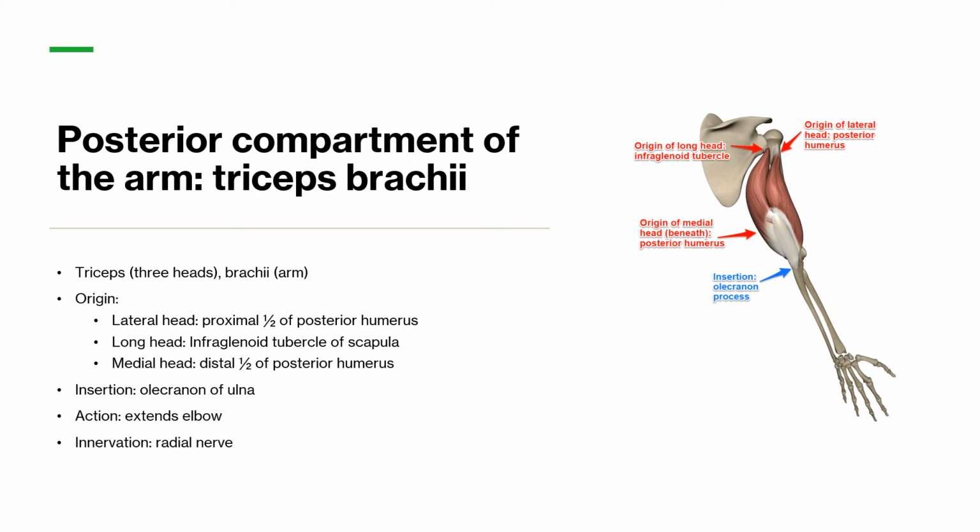The medial head originates on the humerus as well. And all three heads insert on the olecranon of the ulna. And you may recall that the olecranon of the ulna articulates with the olecranon fossa of the humerus, forming the elbow joint. It extends the elbow and it's innervated by the radial nerve.